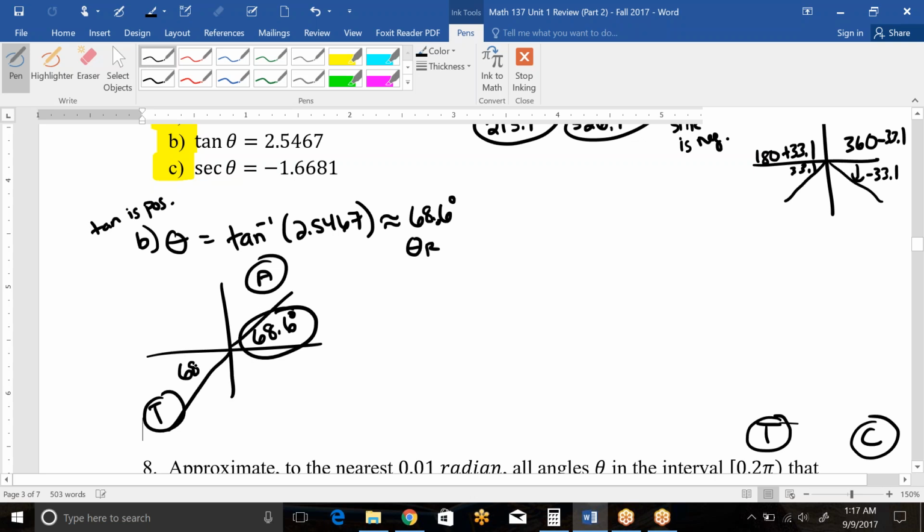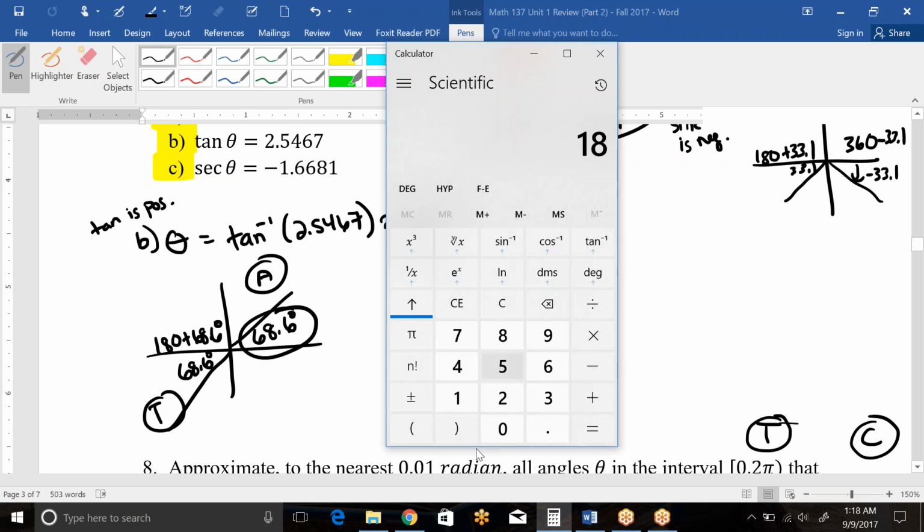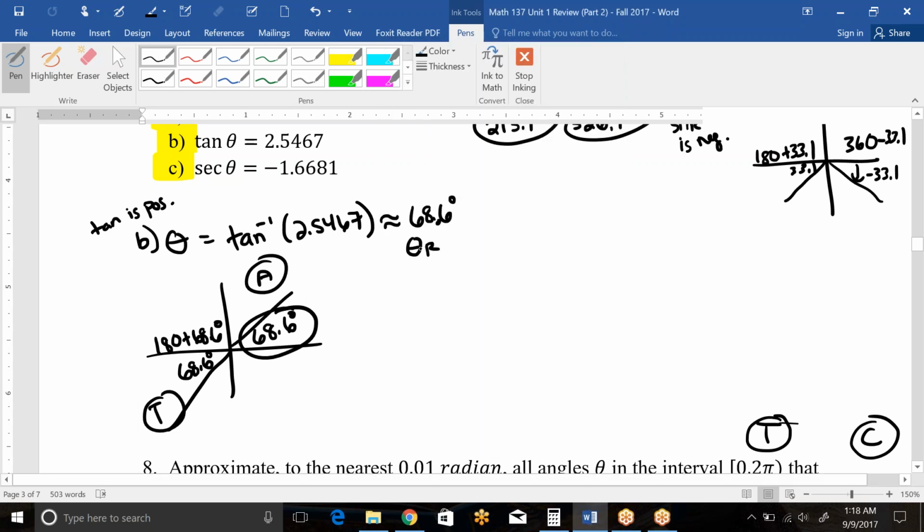But on this one, we're going to have to add it from 180 plus that because it's bigger than 180. So 180 plus the 68.6 is 248.6. So 68.6 and 248.6.